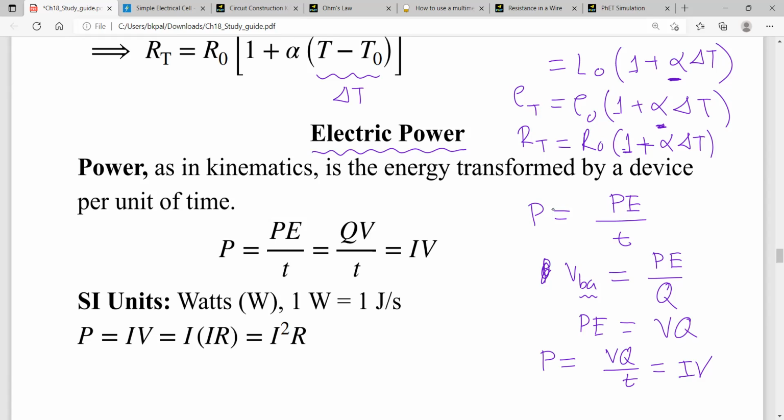Similar to physics 1, the unit is watts, and 1 watt is equal to 1 joule per second. Now if we have a resistance and want to know how much power is dissipated from a resistance or a device, we can use the following equations.